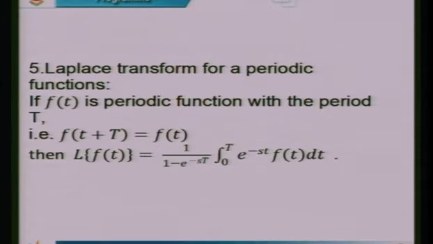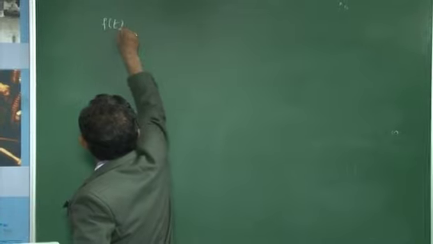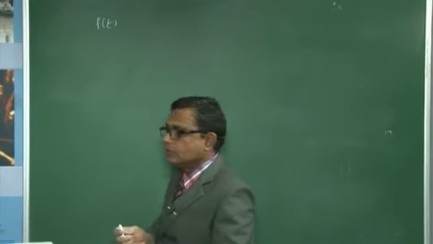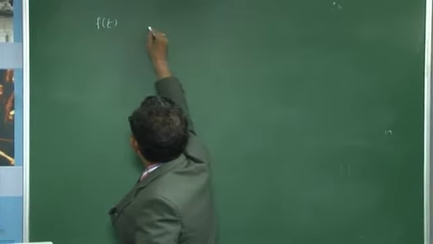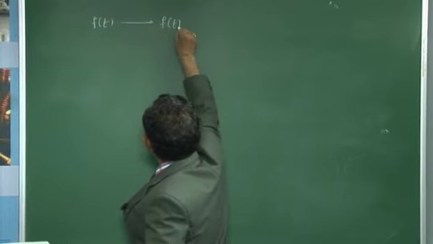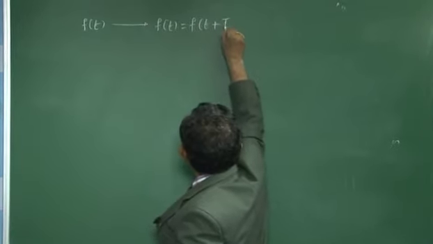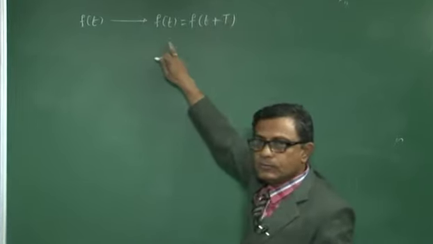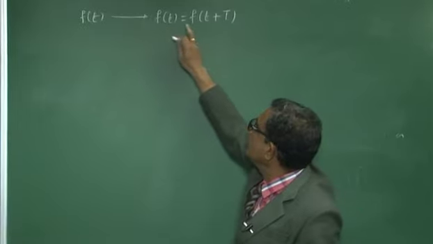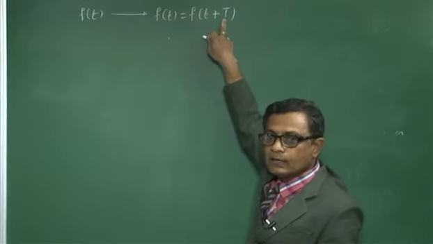What does it mean? The given function f of t satisfies the equation f of t equal to f of t plus capital T, so f of t is a periodic function with period capital T.